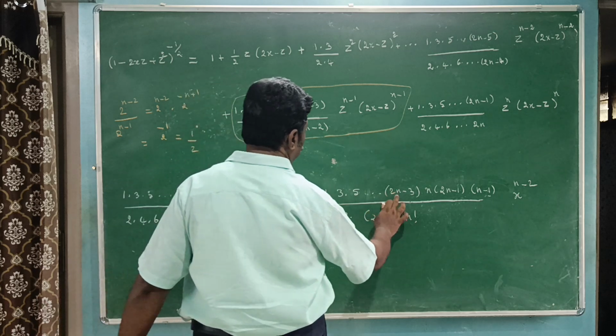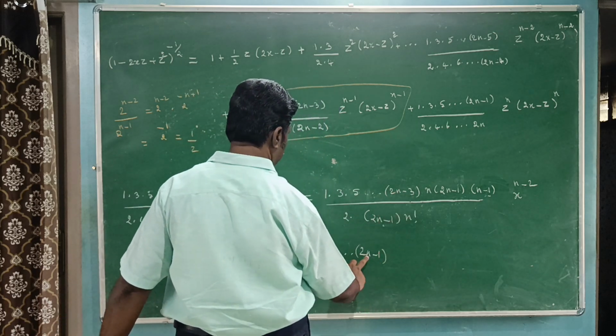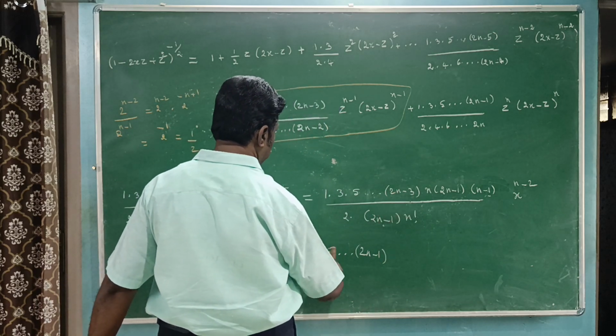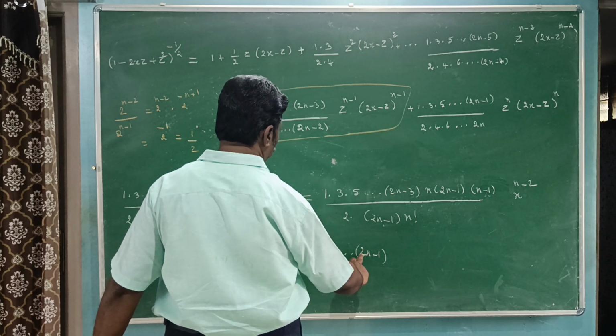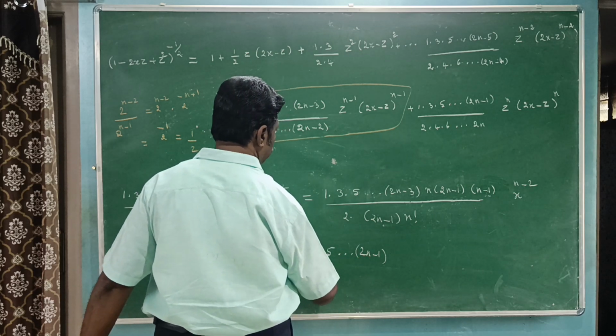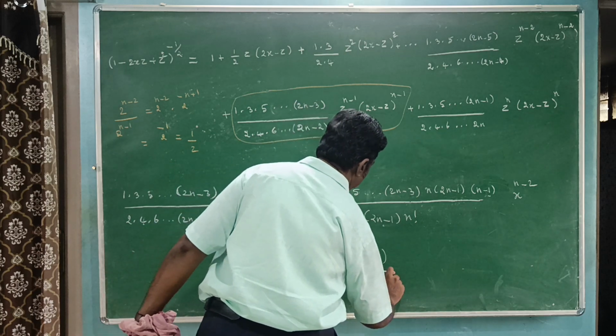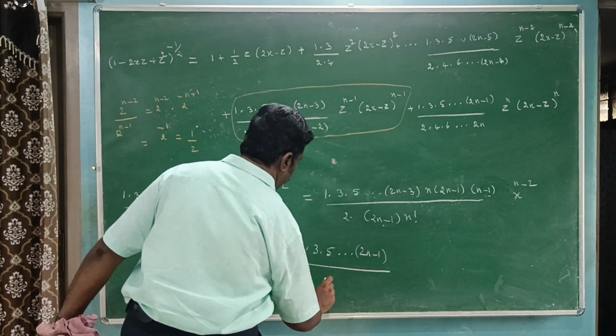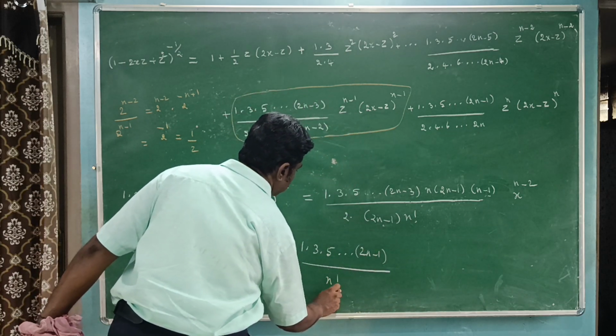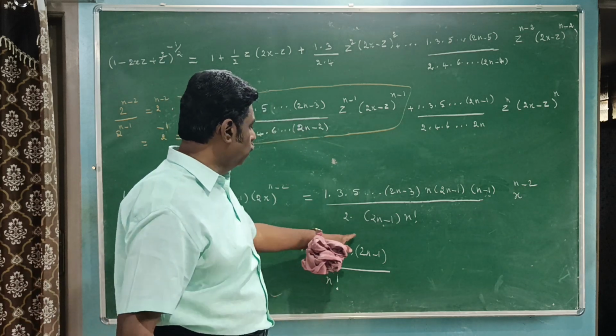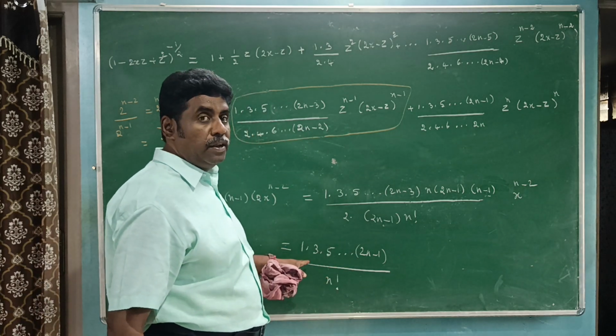No need to take this 2n minus 3 here, because if you put n is equal to 1, you can get the first term. N equal to 2, 2 into 2, 4 minus 1, 3, we can get this, divided by n factorial. This is the coefficient of z power n in the nth term.